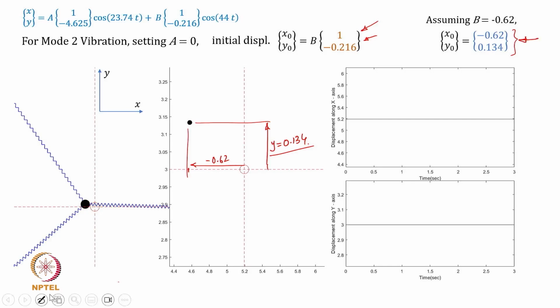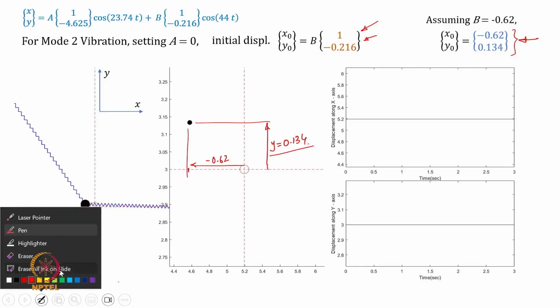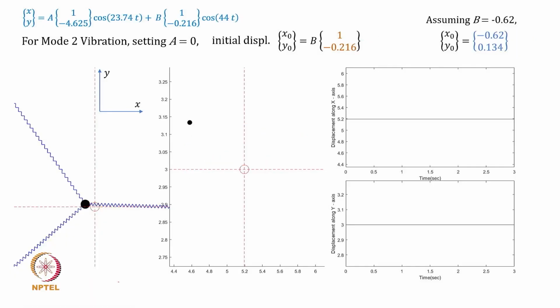So now this becomes your initial displacement at time t equal to 0, and then if you release this mass by displacing it to this value, which conforms to the mode shape for the second mode, we expect the mass to execute harmonic vibration at its second natural frequency.